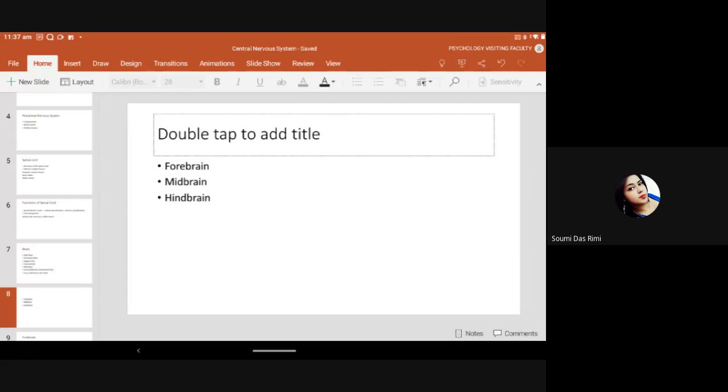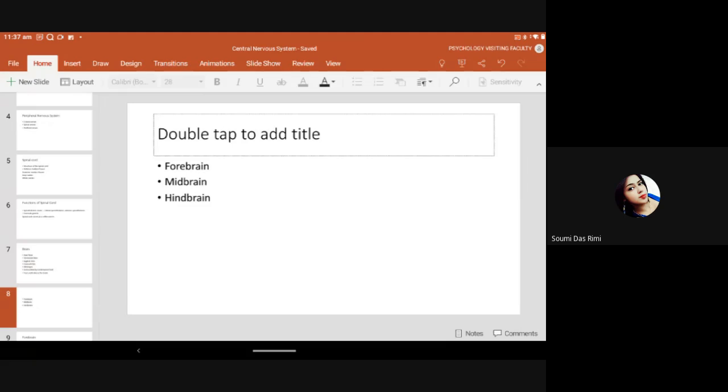Forebrain. So the forebrain has two broad divisions: the telencephalon and the diencephalon. The telencephalon includes the cerebral cortex, basal ganglia, and the limbic system, and it is the largest division of the human brain.